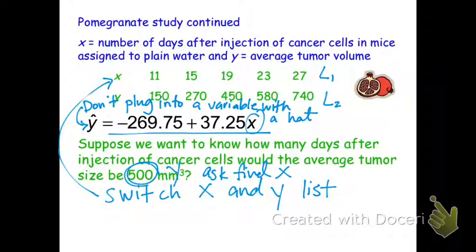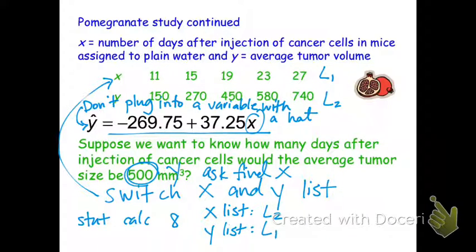So in order to actually solve for this, we're going to have to switch the L1 and the L2. So what I want you to do is go to stat calc 8, and make your X list be L2 and your Y list be L1.